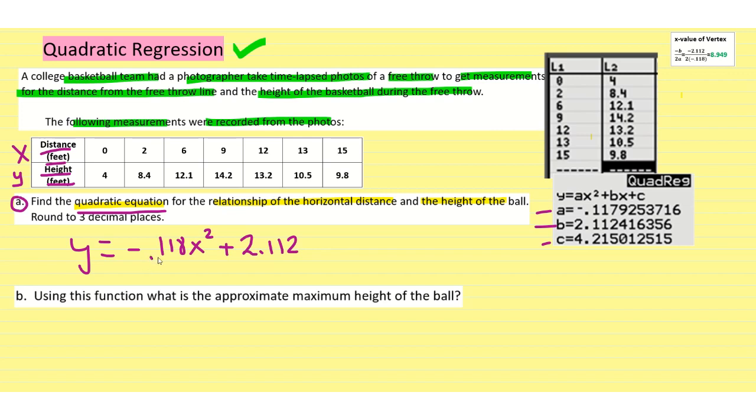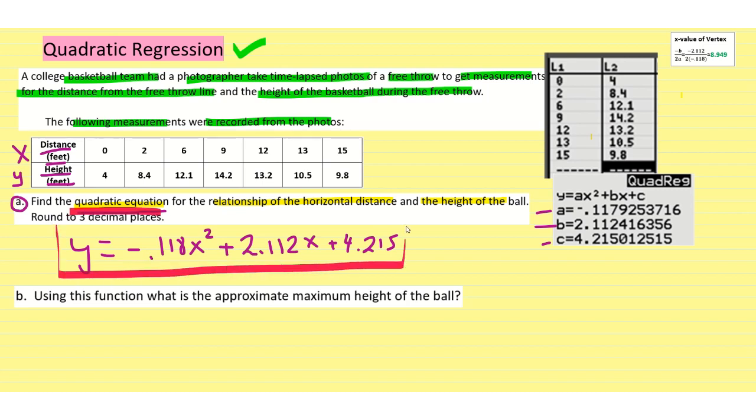So negative 0.118x squared plus 2.112x, and the c is going to be plus 4.215. So that is actually the answer to the first question. We wanted to find the equation, and that is the quadratic equation which best represents this list of data.